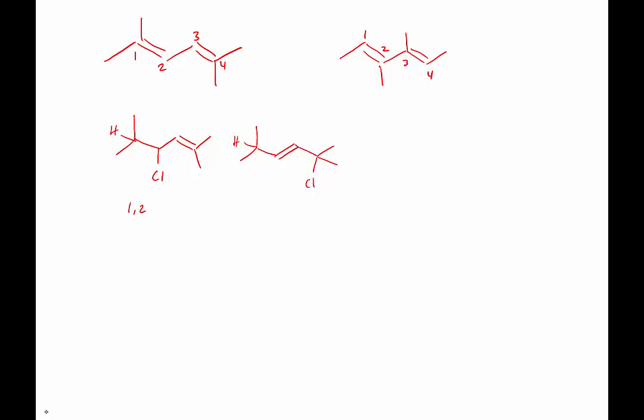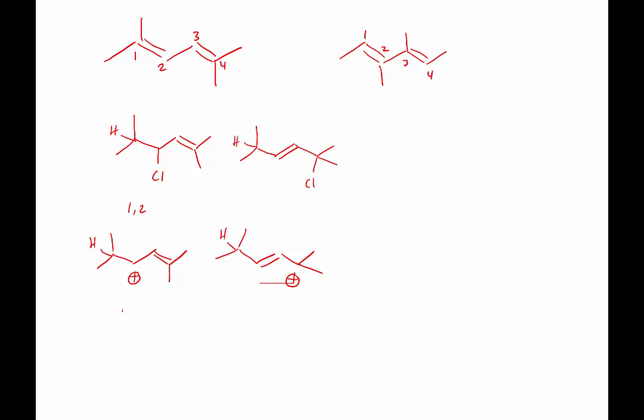So where did the plus charges go? Where the chlorine attached. So what I can do is write the intermediate, because what I do know is that wherever the chlorine attached, it attached to a carbocation. So there's intermediate 1 for the 1,2, and there's intermediate 2 for the 1,4 intermediate.